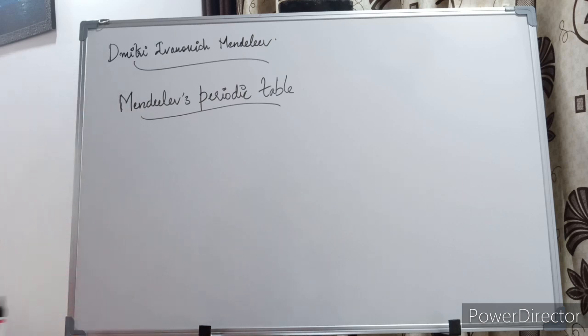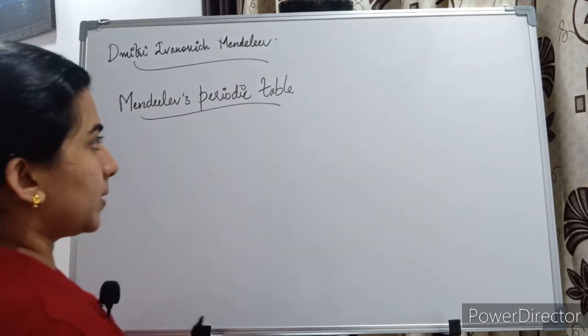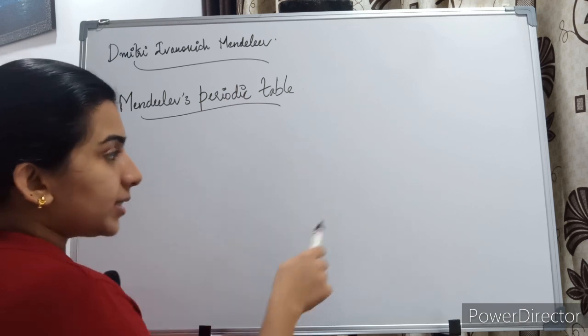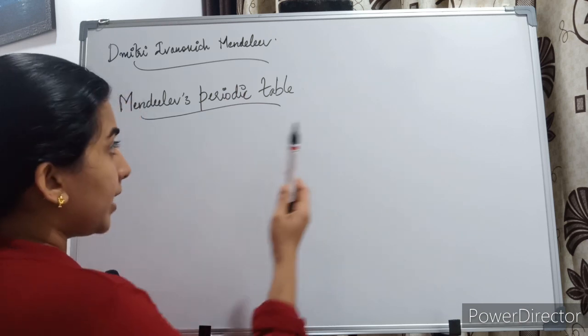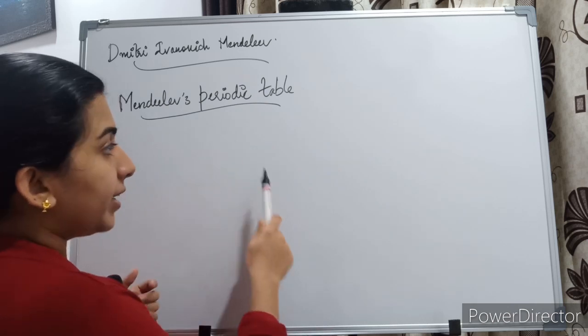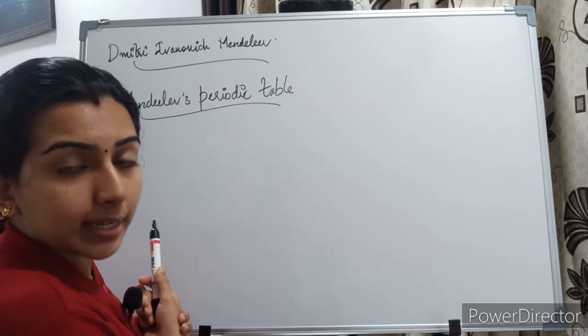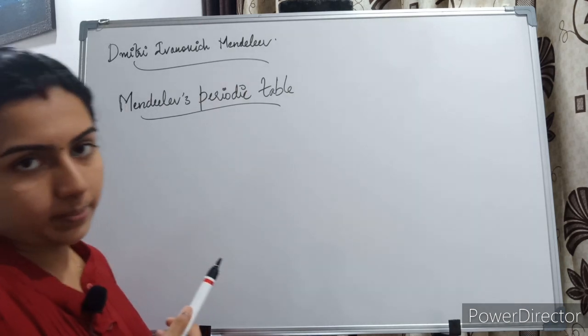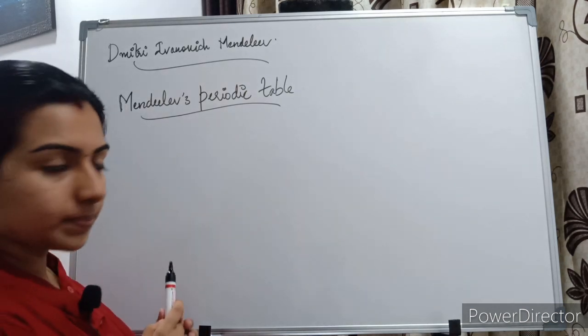And what he saw was that when elements are arranged according to similarity in their properties, they were getting arranged automatically in the increasing atomic mass number. Did you get that?